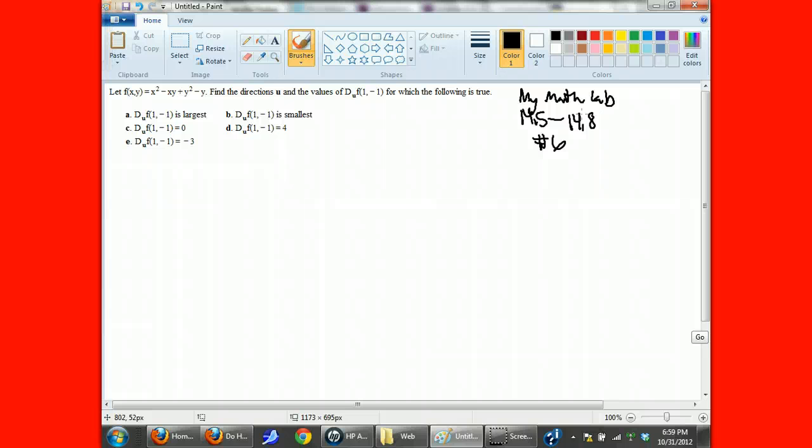Okay, I have this function, and I want to find the directions. It's weird. Usually we have the directions to start out with. Okay, fine. Find the directions u and the values of the directional derivative for which the following is true. A and B are straightforward.